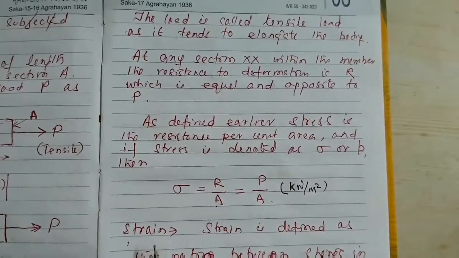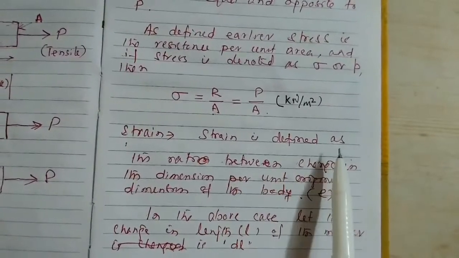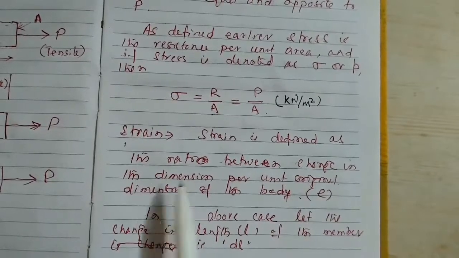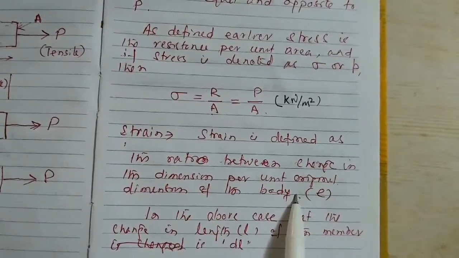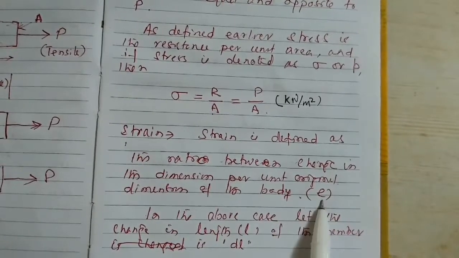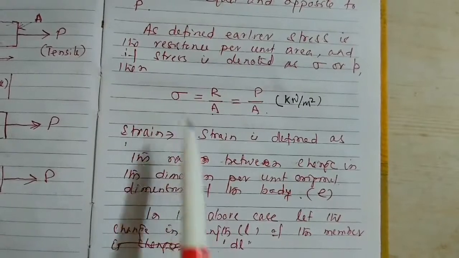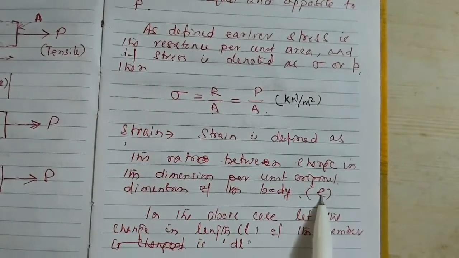Now what is simple strain? Strain is defined as the ratio between the change in dimension and the original dimension of the body, and it is symbolized as small e. Stress is sigma, and strain is small e.